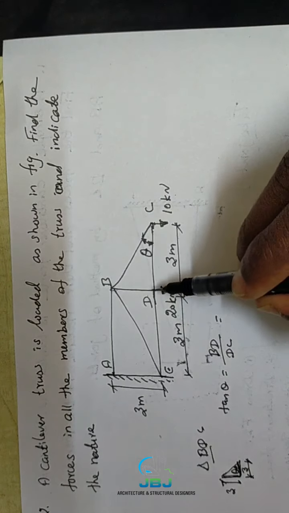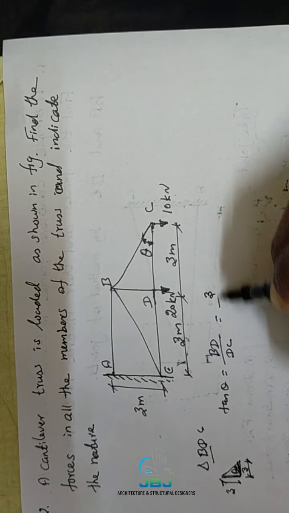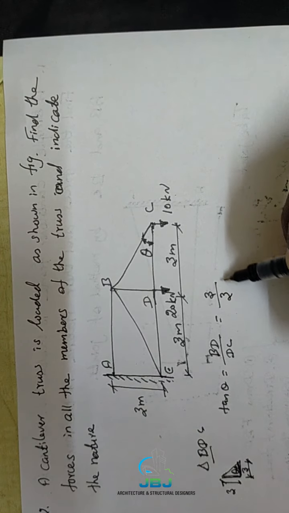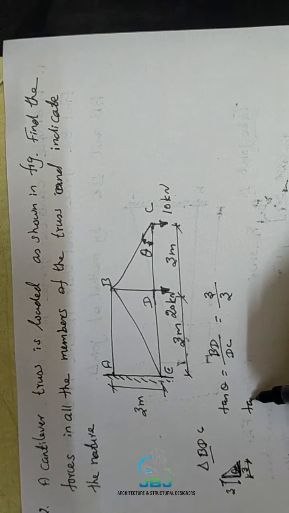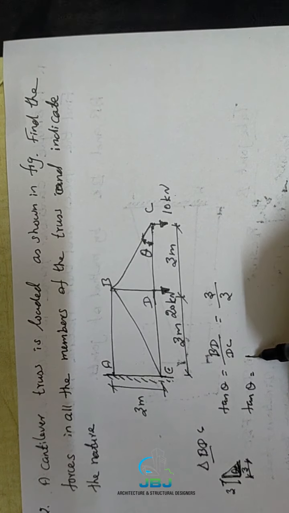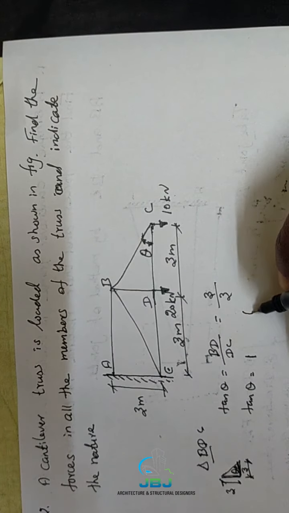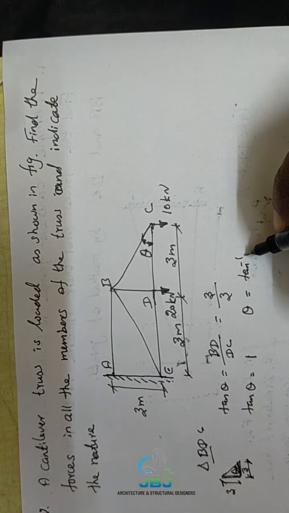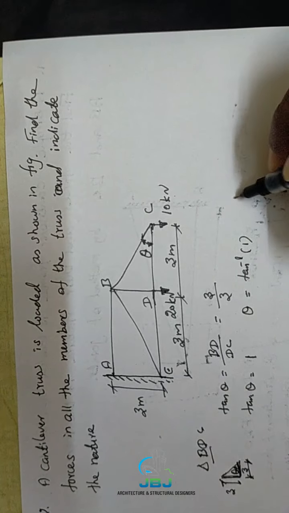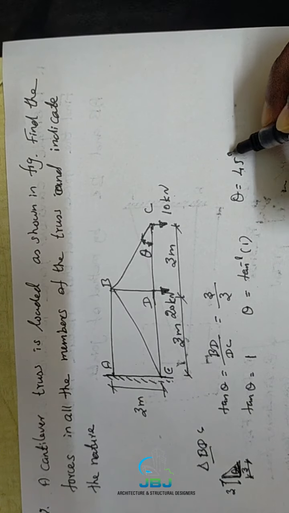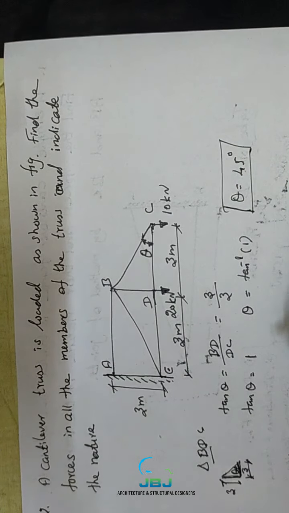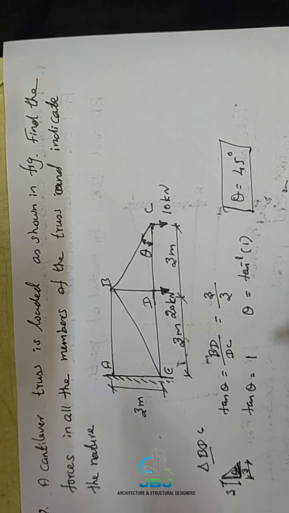The length of member BD equals 3 meter, and the length of the next member DC is also 3 meter. So tan theta equals 1. How can we find the theta value from this relation? Theta equals tan inverse of 1, that is 45 degrees. This is the procedure to find the angle of inclination of any kind of inclined member.